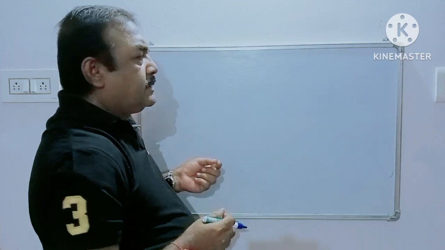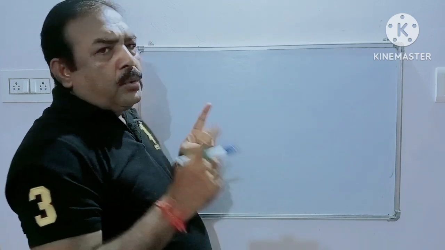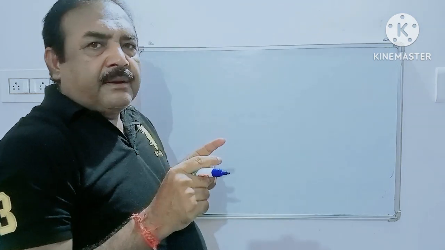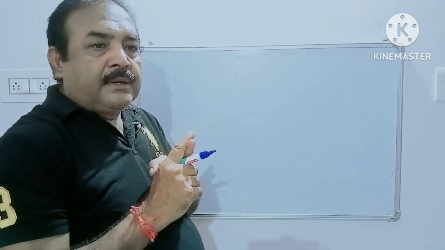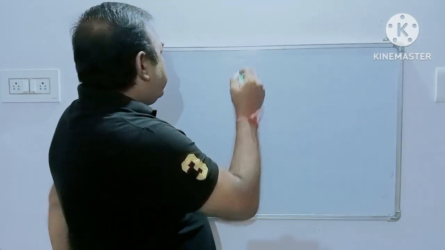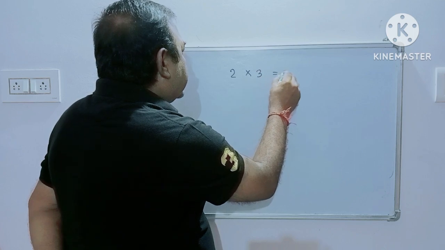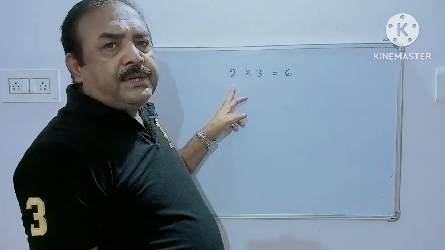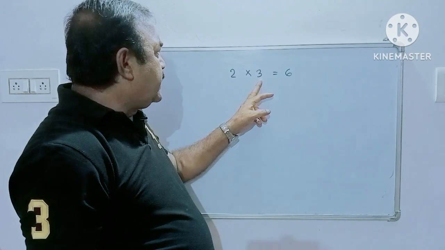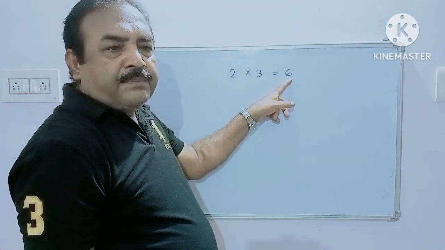Let me discuss one thing with you regarding the integers. You see, when two integers of same sign are multiplied, the product will be positive. Suppose we write 2 into 3 is equal to 6. 2 is a positive integer, 3 is a positive integer, and the product 6 is a positive integer.